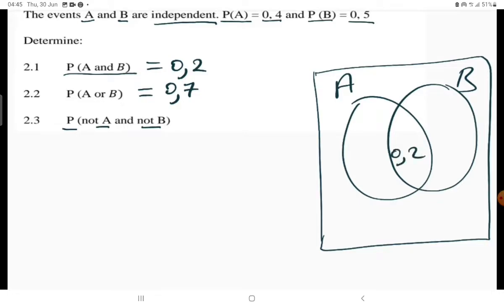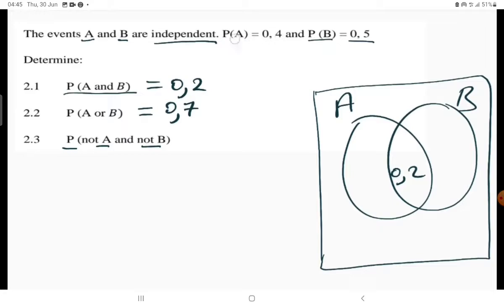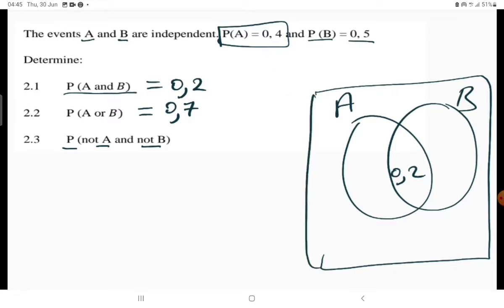And the probability of A itself, which is this whole thing, is 0.4, which means having 0.2 in the intersection, we are left with 0.2 there, so that 0.2 plus 0.2 gives us 0.4.